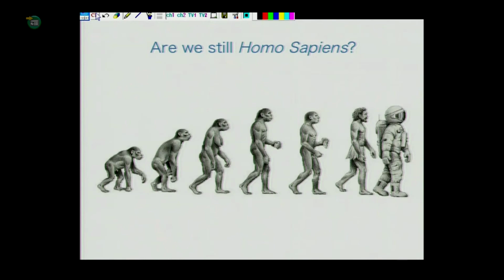We think we are definitely different from the most original Homo sapiens, but we are still Homo sapiens, because now we have many technological products that help us cope with problems, and we don't need to do anything on our own.